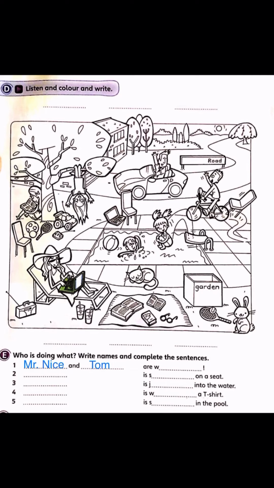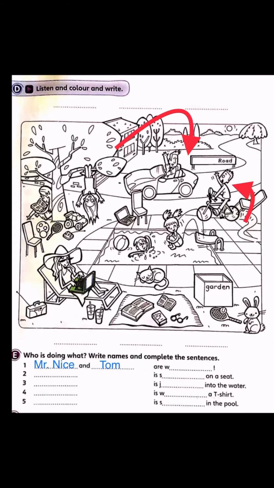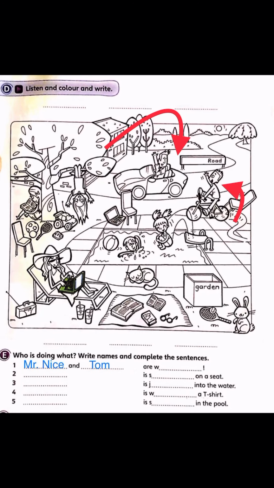Look at their hands. They are. The verb that we have, it starts with W, by the way. You need a verb that starts with the letter W. So what is your answer? It's waving.